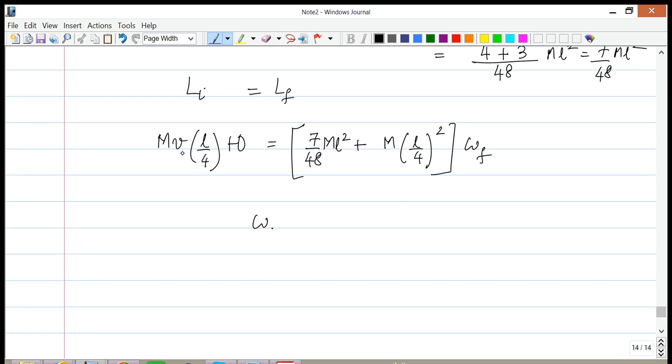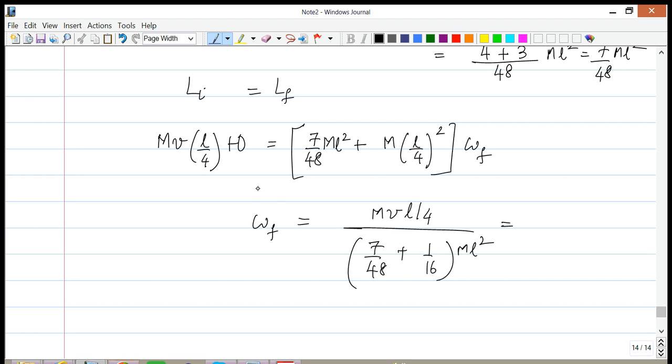And so this gives us omega f. So omega f is equal to, we have to calculate, of course, all this, which will be m v L divided by 4, divided by 7 over 48 plus 1 over 16, times m L squared. This basically simplifies to what, 48. You get 7 plus 3, so it's 10 over 48.